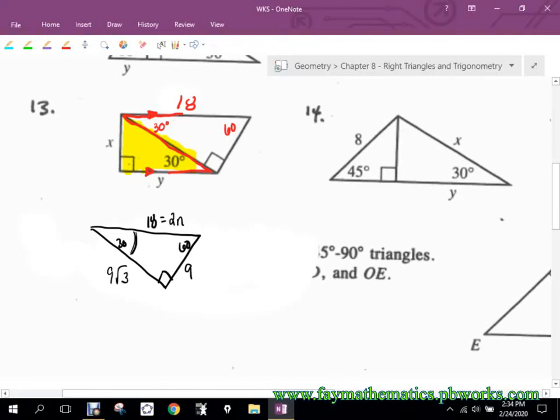And that, remember, is all from knowing that in a 30, 60, 90 triangle, this side is 2n, this side is n, and this side is n radical 3. And we paired that 2n up with that 18. Is that okay? So now what does that do for me? Well, if I go back up to my picture, that makes that distance there 9, and it makes this red distance here 9 radical 3, correct?